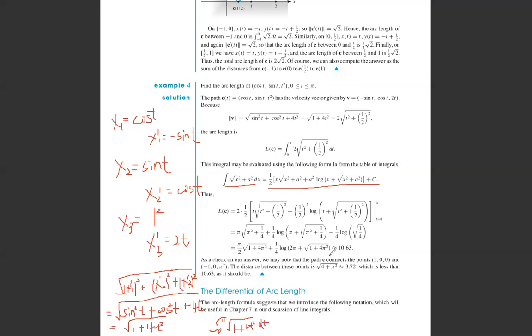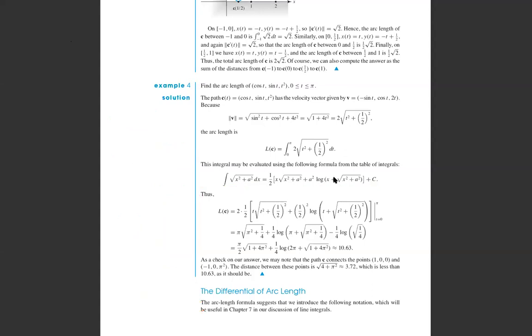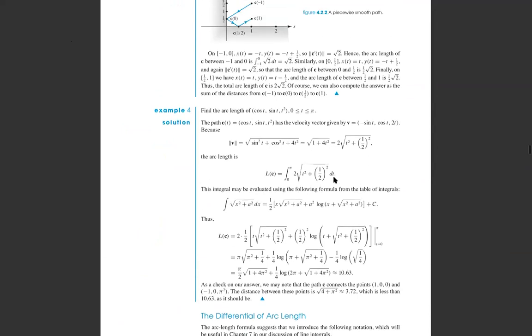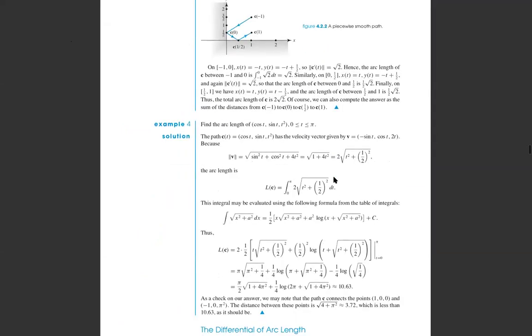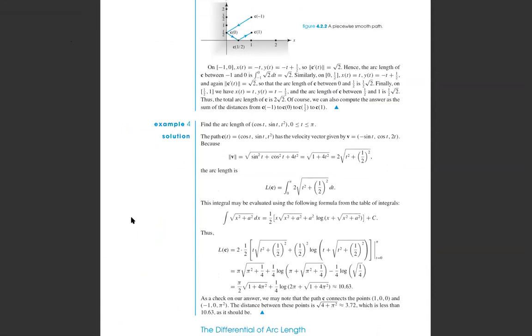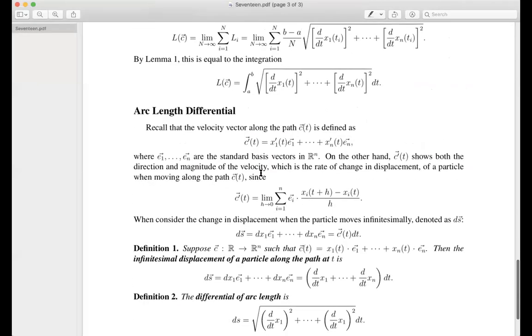So that's how you come up with the answer here, right? The evaluation of the integration is not that important. Okay. All right. Any questions?